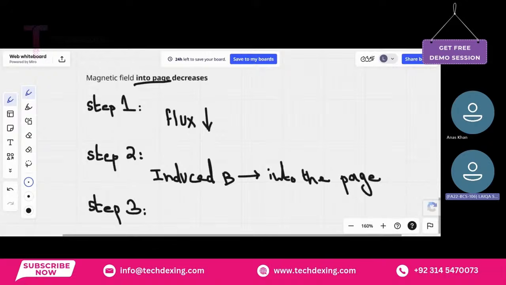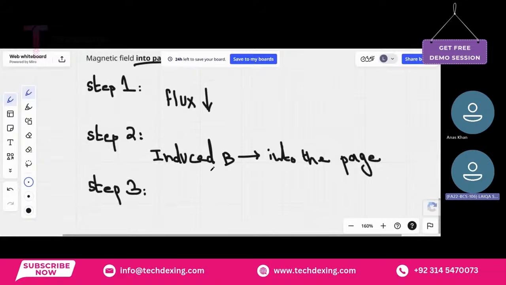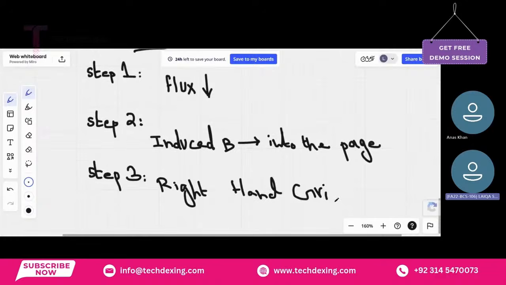In step 3, we have to use the right hand grip rule. When we are given the direction for the magnetic field and we want to find the direction of the induced current, we use the right hand grip rule. You have to simply point your thumb in the direction of the induced magnetic field, and the curl of your fingers will give you the direction for the induced current.